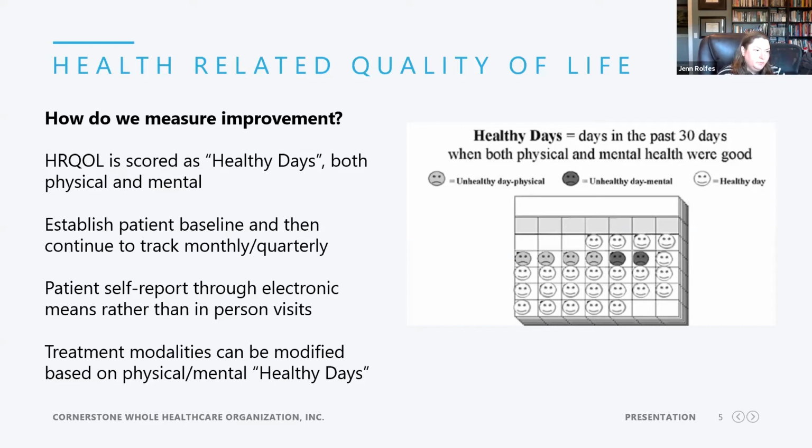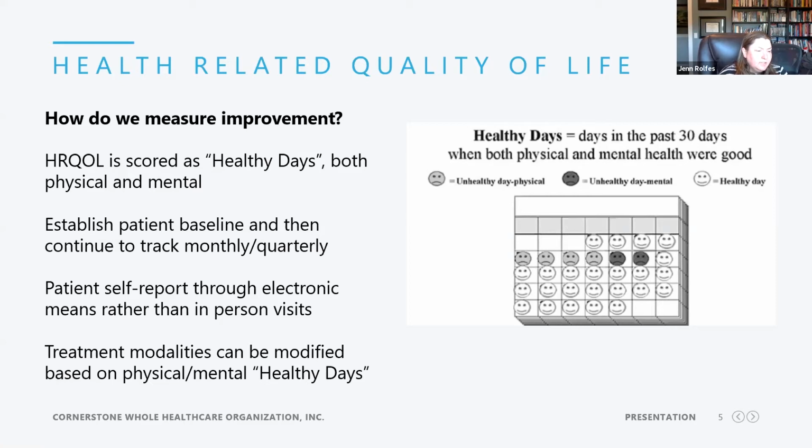We could do this through patient self-report through electronic means rather than them having to come into clinic all the time, which obviously with COVID now definitely isn't as possible, but even before, having a patient come in every month just to fill out a survey or whatever that might be just feels overburdensome.